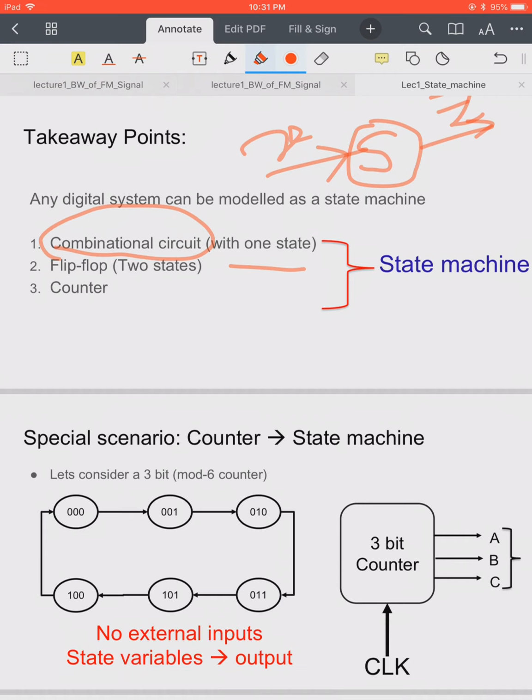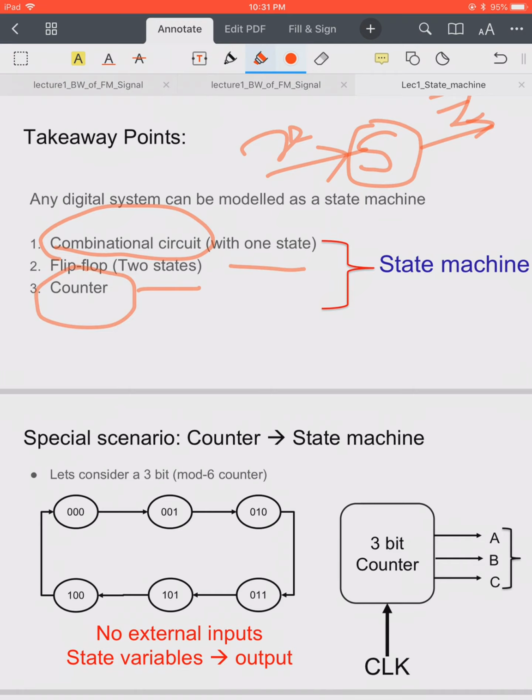What about a flip-flop? A flip-flop is also a state machine. It has two states, either 0 or 1, right? So it is a synchronous state machine with two states. Now the special case is the counter. Is the counter a state machine?